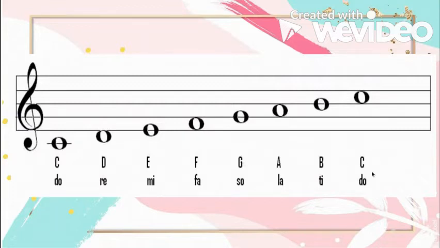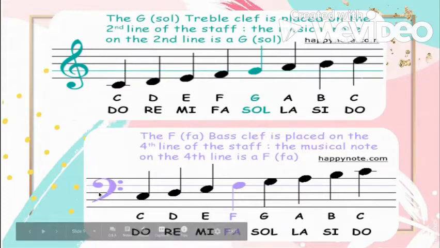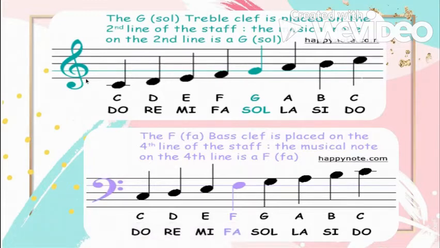Okay, now let's differentiate the use between G clef and F clef. As you can see, class, for the G clef, the middle C is here, right? This is used for the higher tune or tone.